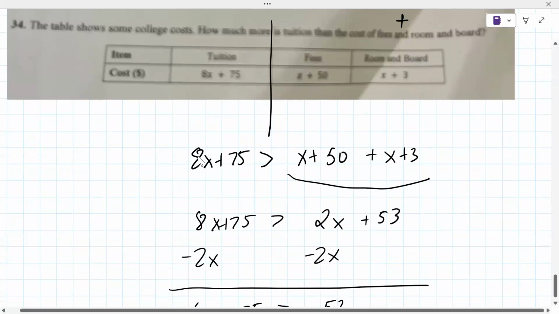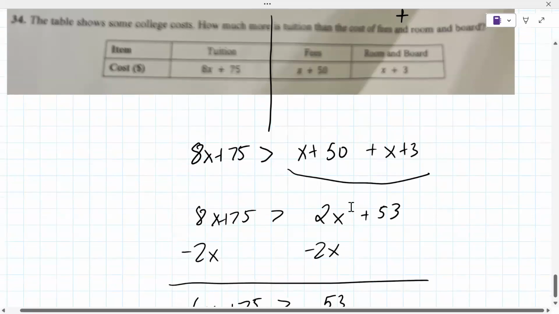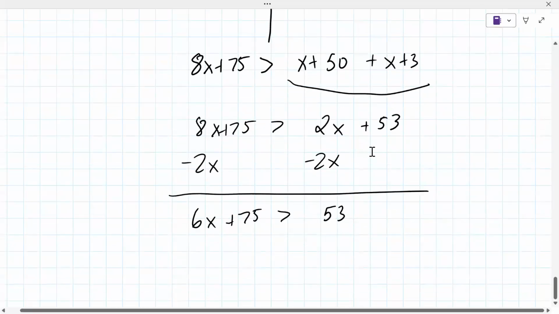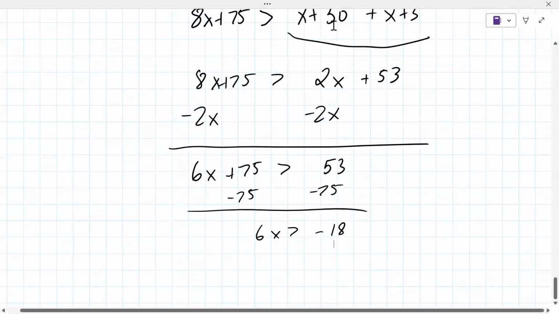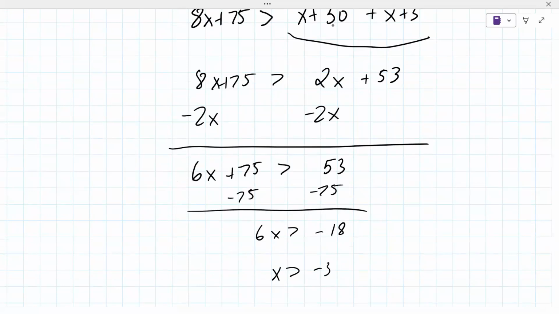Are these right? 8x plus 75, x plus 50, x plus 3. Yes. Okay. The reason I'm discouraged here is when I subtract 75, I get negative 18, which is weird because it says then that x is greater than negative 3, which means that tuition is always greater.